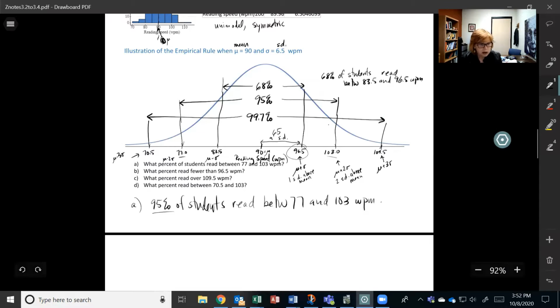So let's write it down this way. So 96.5 is 1 standard deviation above the mean. This is words per minute. It's not a percent. So 68% occur within 1 standard deviation.